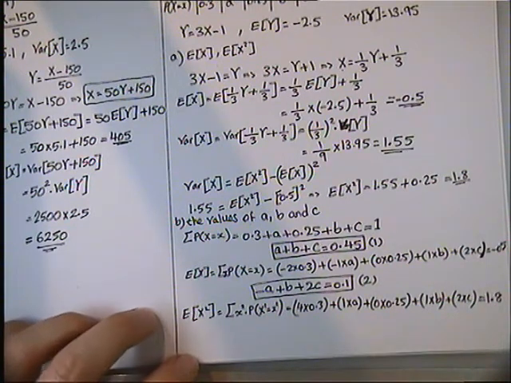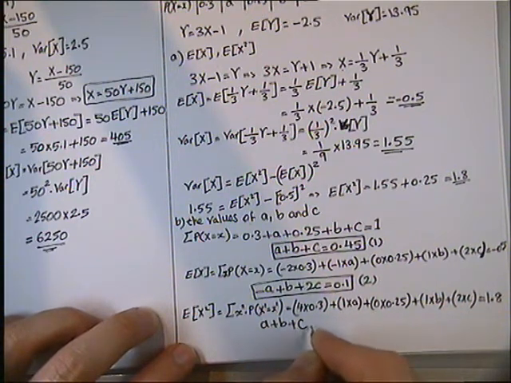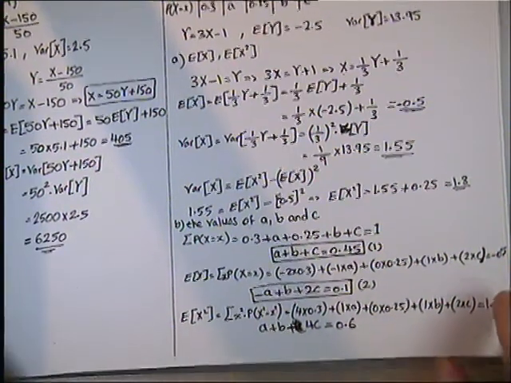Simplifying this, you should be able to get a plus b plus 4c is equal to 0.6.